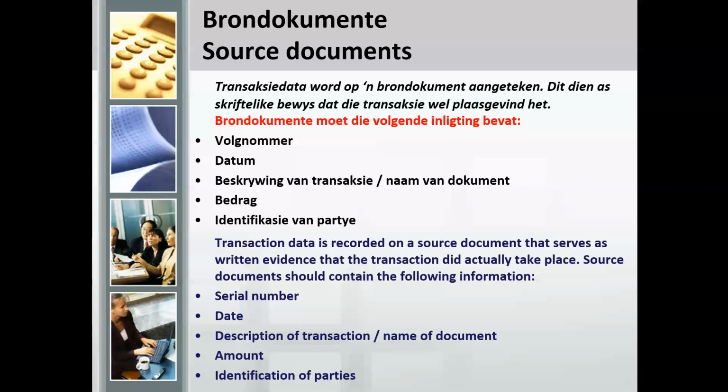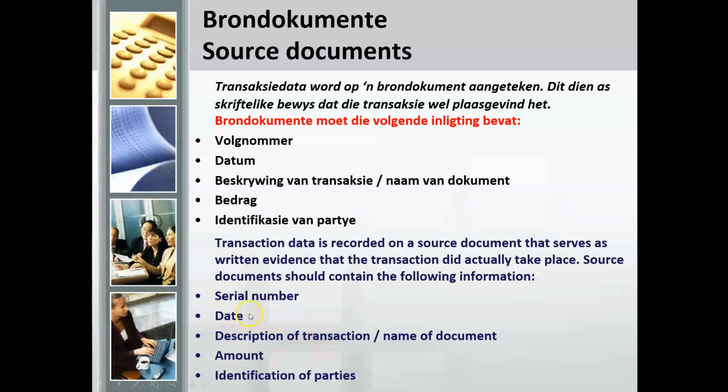Why? To identify whether all source documents that should have been recorded in the books of the entity have in actual fact been recorded. If there's a missing number somewhere, it means that there's a missing transaction somewhere. And you have to investigate why there's a missing number, what the missing number represents, and the reasoning behind it.